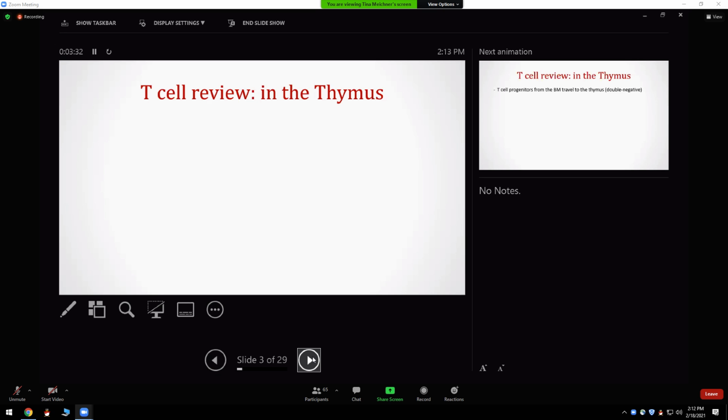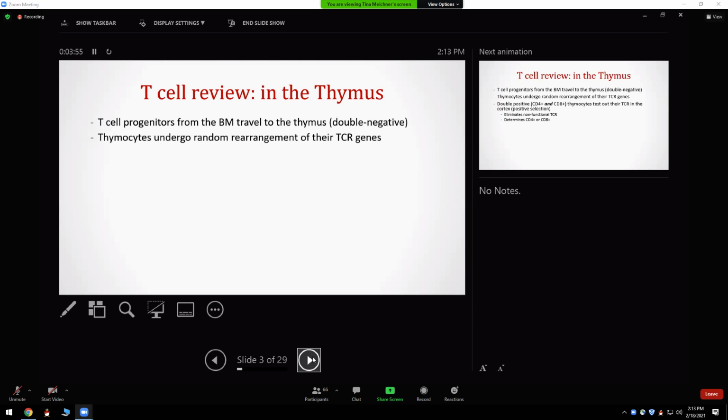So what happens with T cells once they migrate in the thymus? They're all born in the bone marrow as very early T cell progenitor cells. At that stage they are what we call double negative, which means there's no CD4 and no CD8 expression. Then they migrate to the thymus, and we call them thymocytes or T cells.